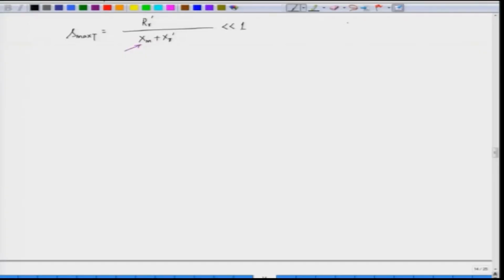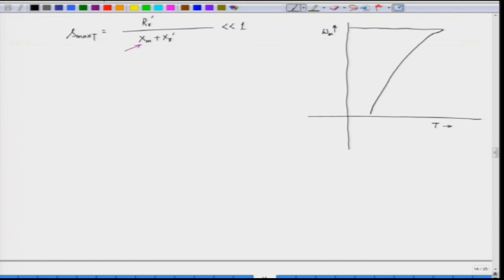Now, if we plot the torque speed characteristic of a CSI fed machine, so this is omega m and the torque, this will be the nature of the torque speed characteristic. Very low value of slip for which the peak torque occurs, and then we have a low starting torque.